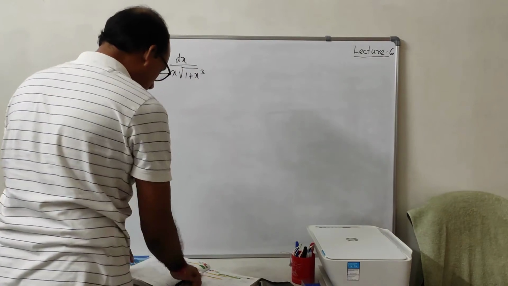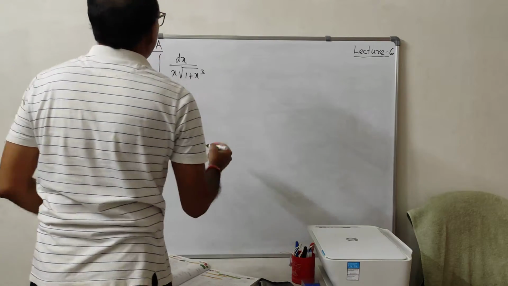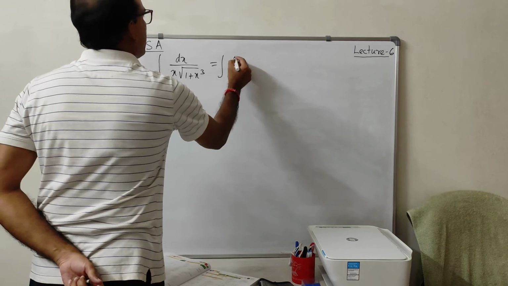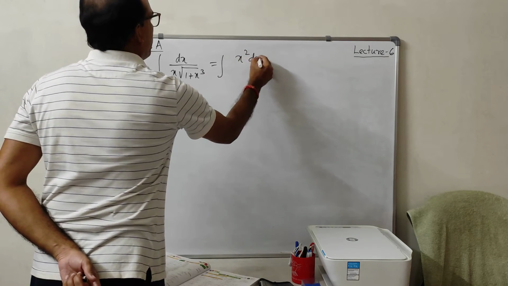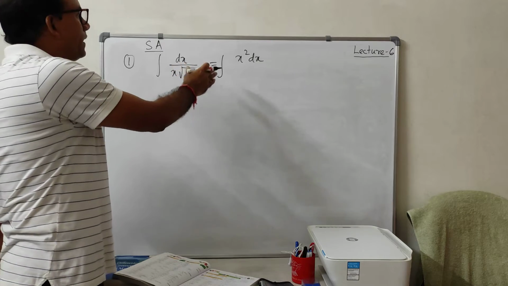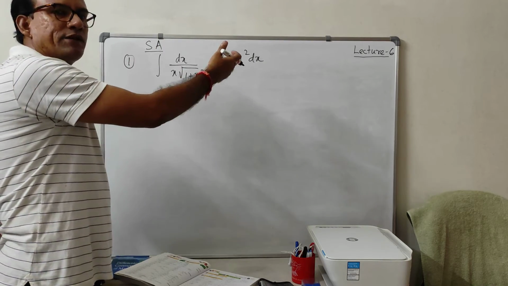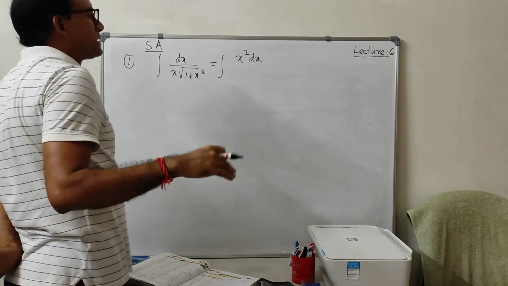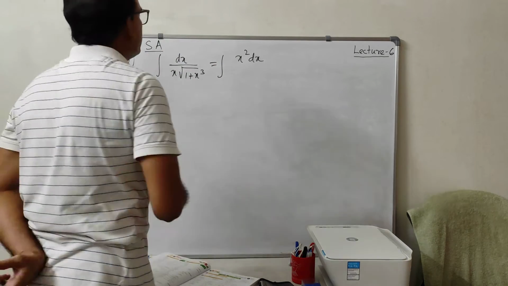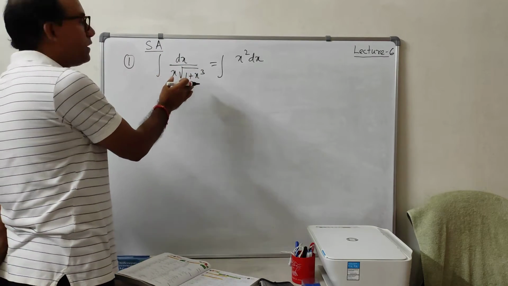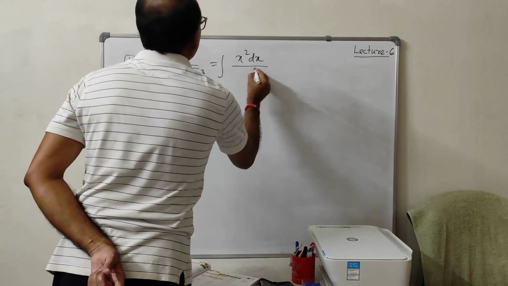What can you substitute? First, multiply numerator and denominator by x square, because once you put root over of 1 plus x cube as z and take differentials, you will end up with 3x square dx on the left hand side.